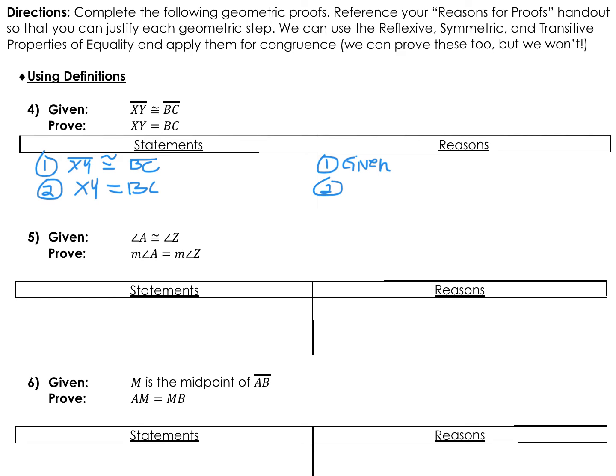We're starting from a congruency symbol and going to an equality symbol. So because we have congruent segments, I like to write: congruent segments have equal measures.